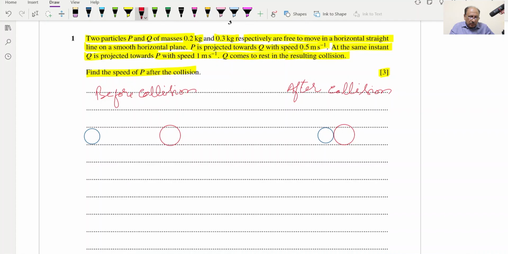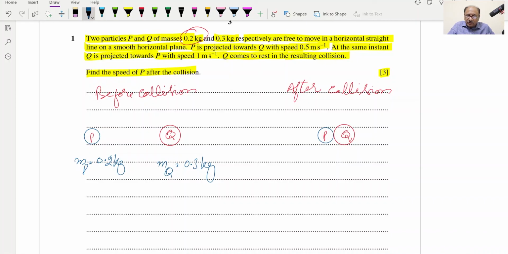These will be the situations. Now this is P and this is Q, and mass of P is 0.2 kg, so MP equals 0.2 kg, and mass of Q, MQ, equals 0.3 kg.